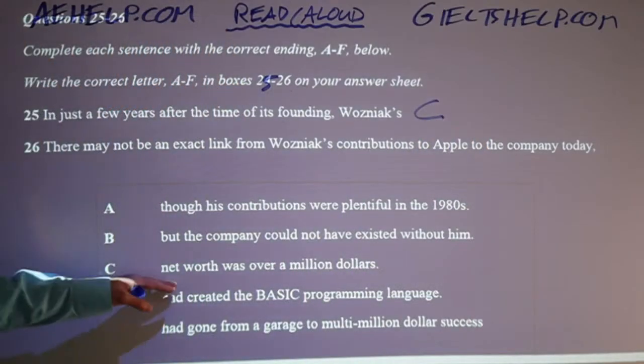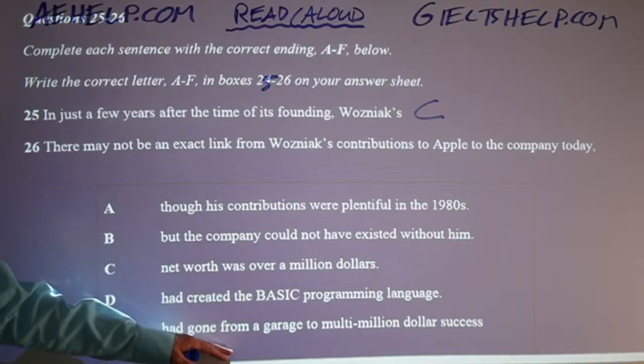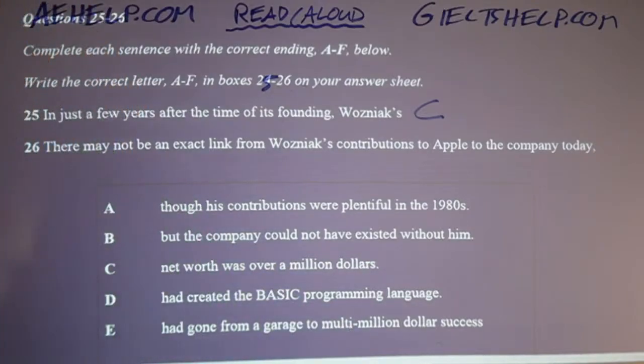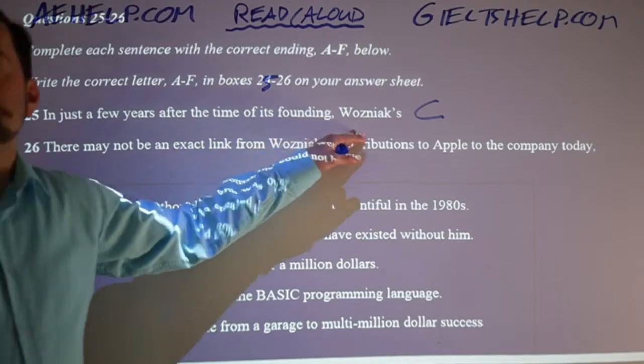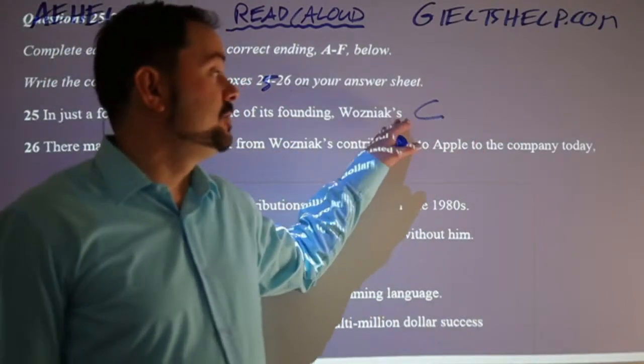Okay. Net worth was over $1 million. Had gone from a garage to multi-million dollar success is grammatically incorrect. Wozniak's had gone from a garage. That's not with possessive, okay? Just like Paulo says, you have to pay attention here to the possessive.